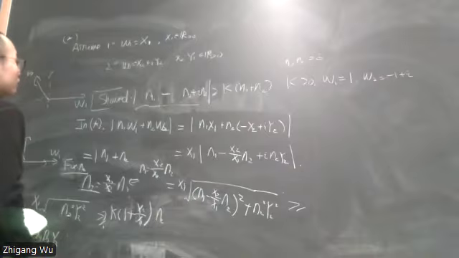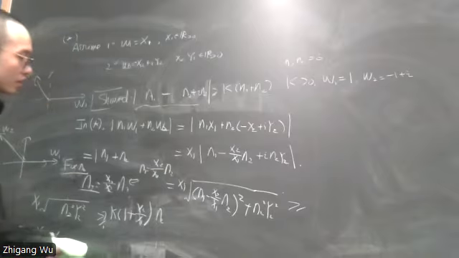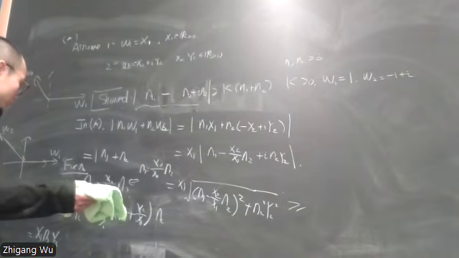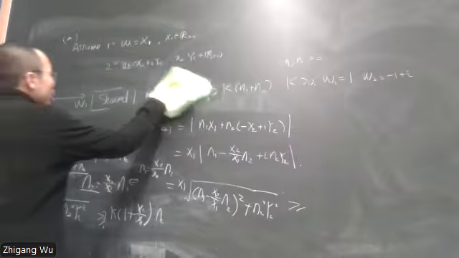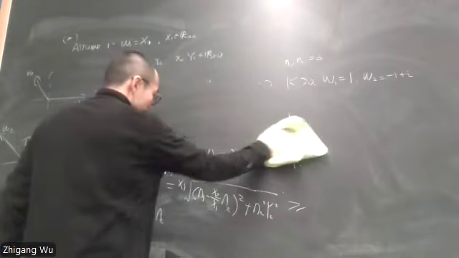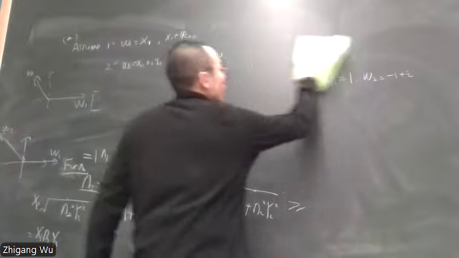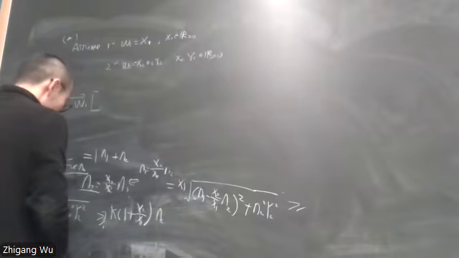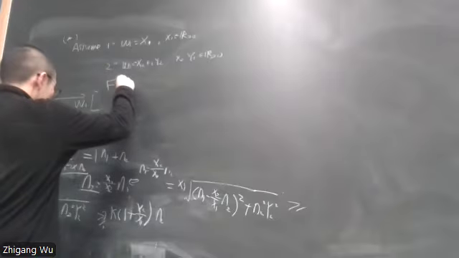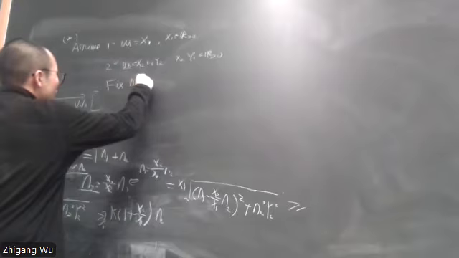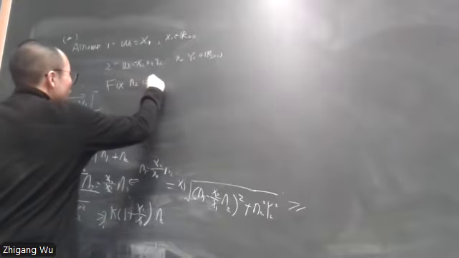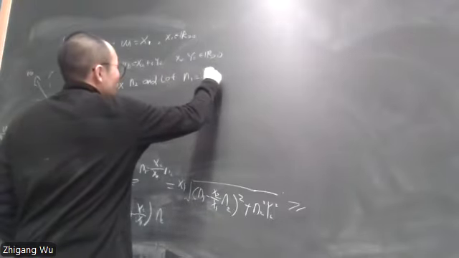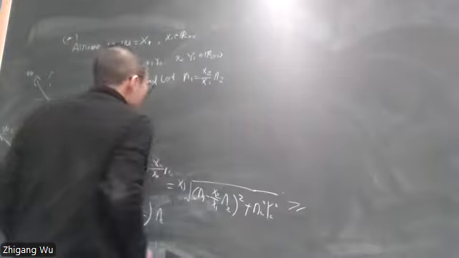I think I need some space here. Okay, let's see. That's one and two. Okay.